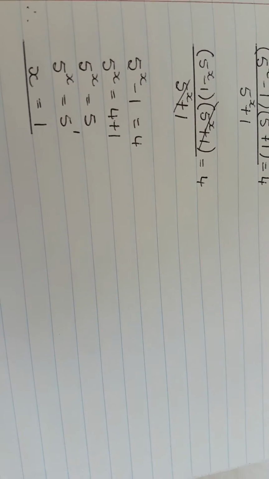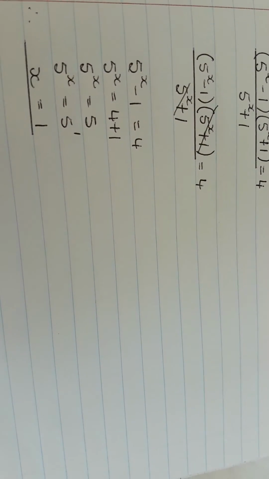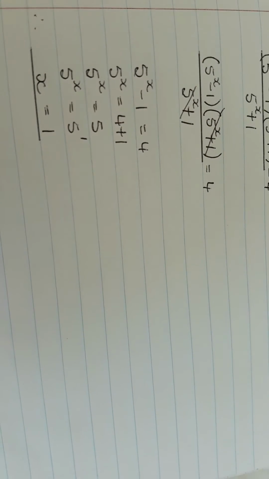After you've cancelled out, you're going to be left with 5 to the power of x minus 1, and you need to equate it to 4. The negative 1 goes to the other side and it changes its sign to a positive 1. When you add it to 4, it becomes 5.